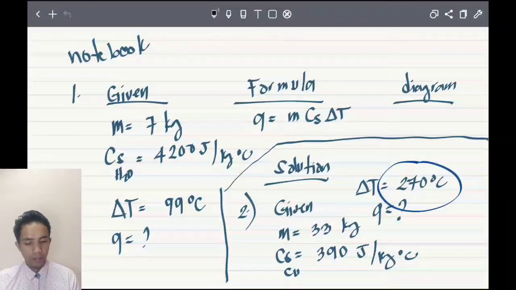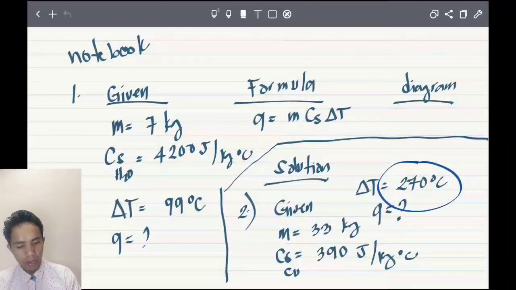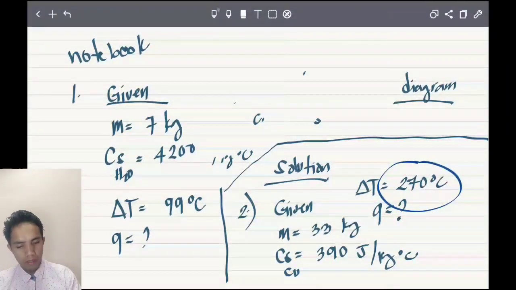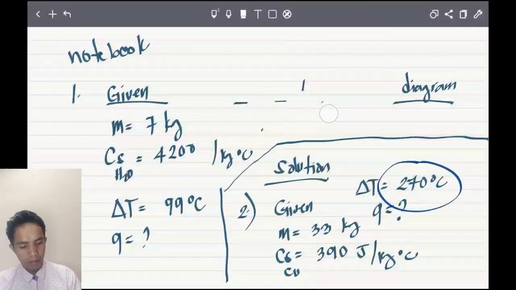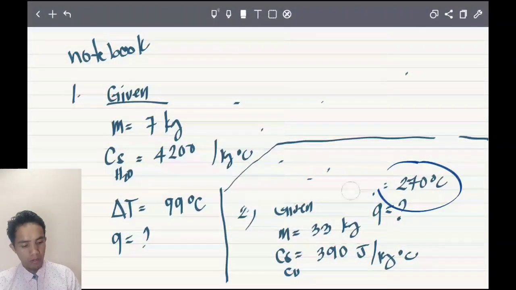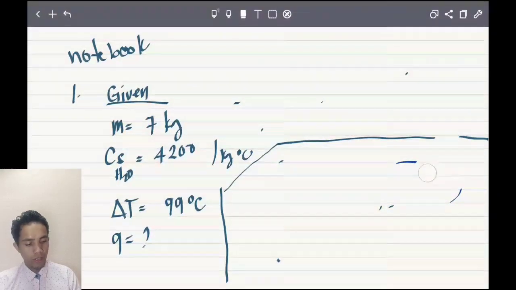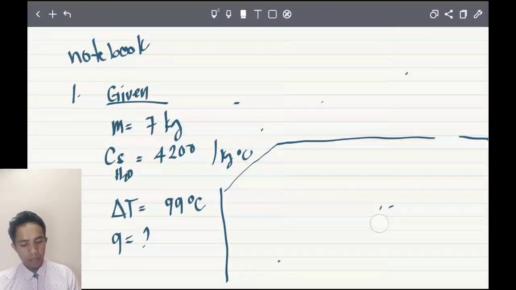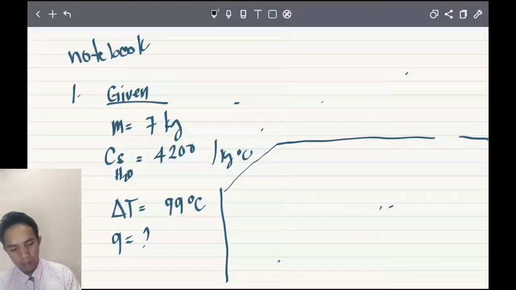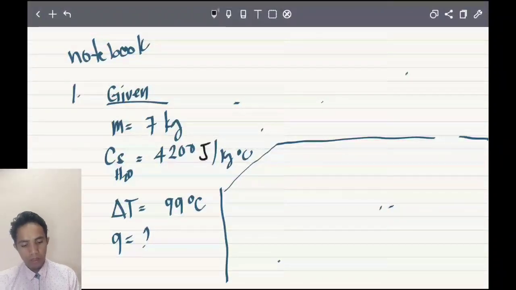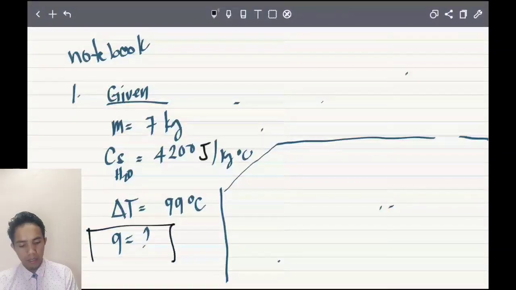Okay, so let's try this one. Example, try this one to yourself. So first, question number 1. We have this given for water, and how much is the energy?